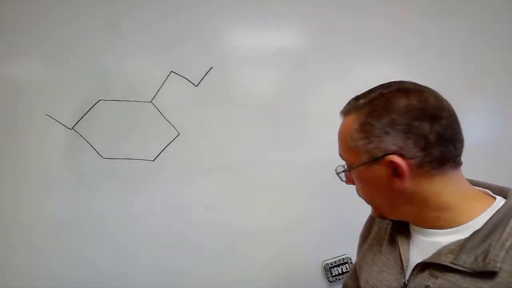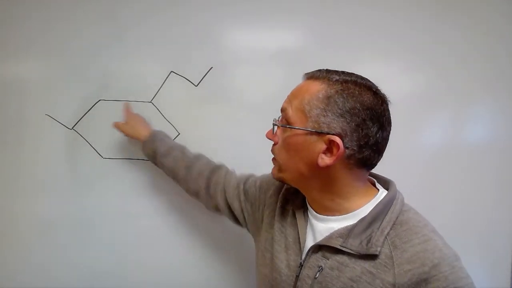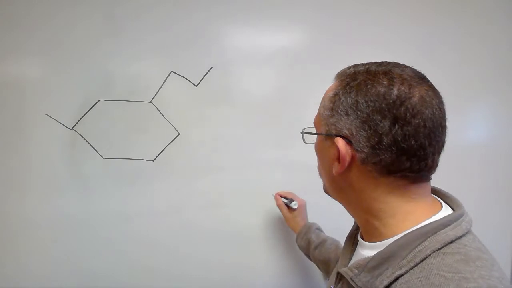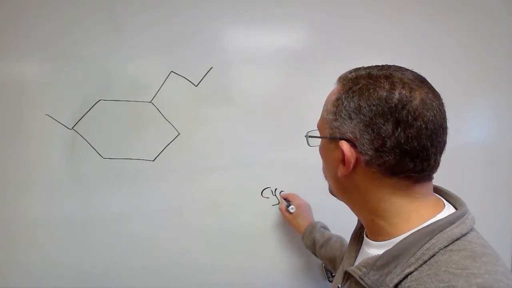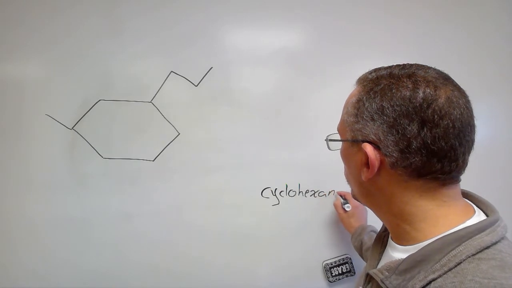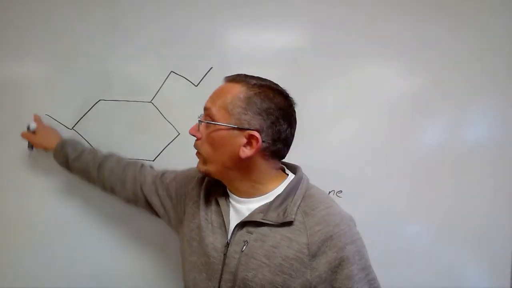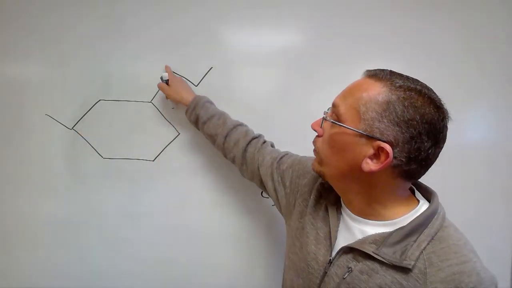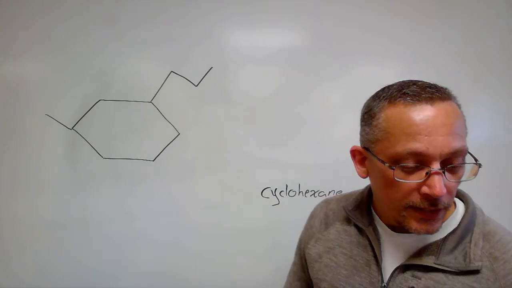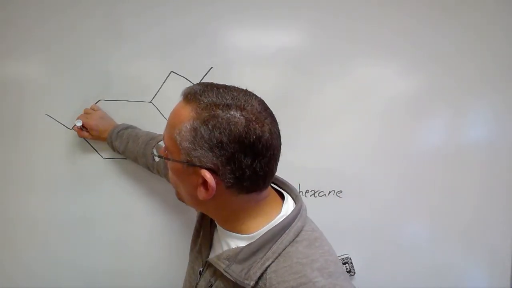How about this one here? Let's take a look. We've got a carbon ring here with 6 carbons in it. So again, that's cyclohexane. Okay. Let's see, we've got a methyl branch here, and we've got a 1, 2, 3 carbon branch. That would be propyl right here. So let's name these. Let's name this one first. Call that carbon number 1.